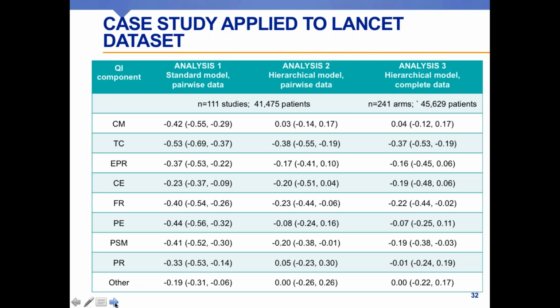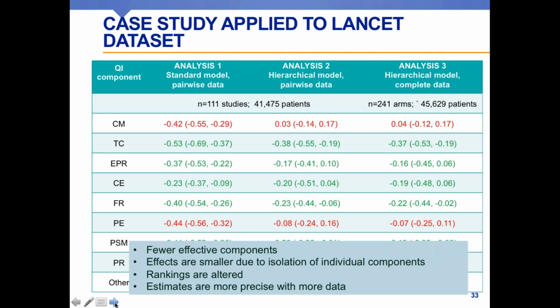So what this table shows is those 3 analyses. The first analysis is a standard model, essentially a replication of what Jeremy showed before. So all of the components are effective, but there's a lot of overlap. But analysis 2 and 3 show a smaller isolation of the component effects, and a slight adjustment of the ranking.